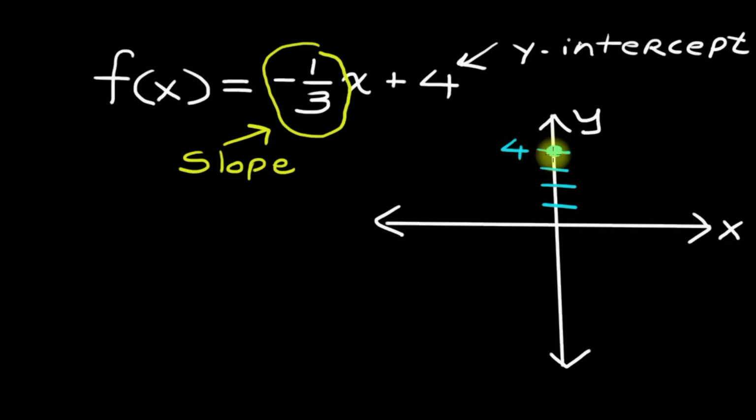So one of the points on this line will be right there, because that's where it crosses the y-axis. Now your slope is negative 1/3.